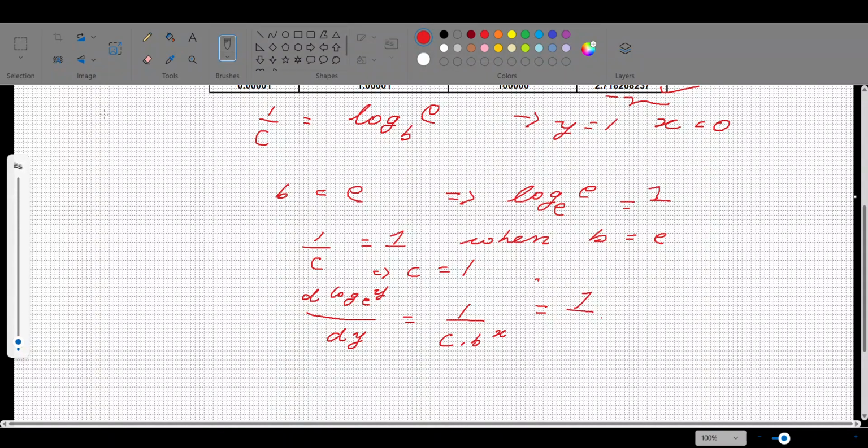So this is equal to 1. This means that if the base is Euler's number, then when y is equal to 1, the change in the logarithm is also equal to 1, or the slope is also equal to 1, which is a straight line. Okay. This is just an extra piece of information on what happens when y is equal to 1 and the base is also Euler's number.